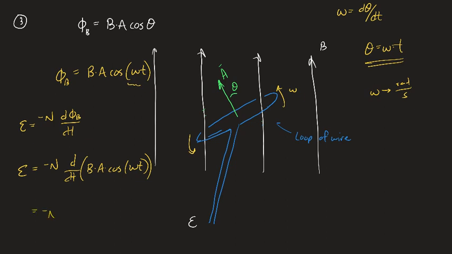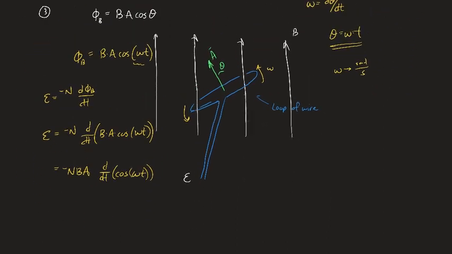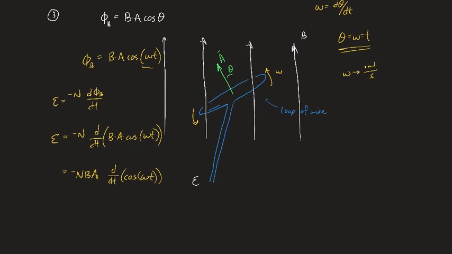So negative n B A, and we'll take the time rate of change of cosine omega t. I know that this is going to cause a little bit of concern for Oliver, but I'm going to get a negative times a negative when I do this, so the negative disappears. But that negative was just there to do what? Yeah, Lenz's law.